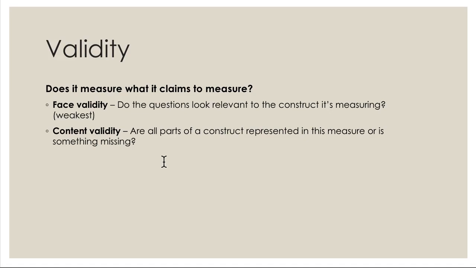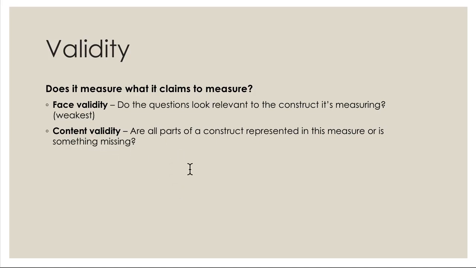So on a quantitative reasoning item on the SAT or GRE, you wouldn't expect to see an English question. That wouldn't make sense because it's not really measuring quantitative reasoning, which is what you would expect that portion of the test to measure.